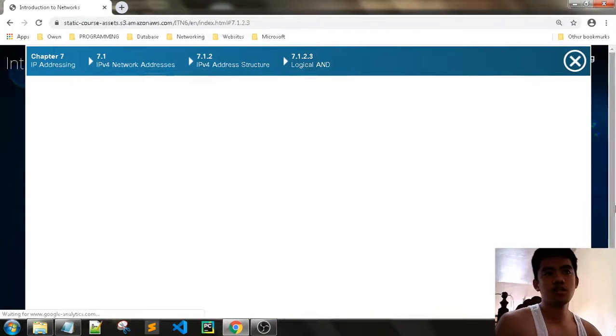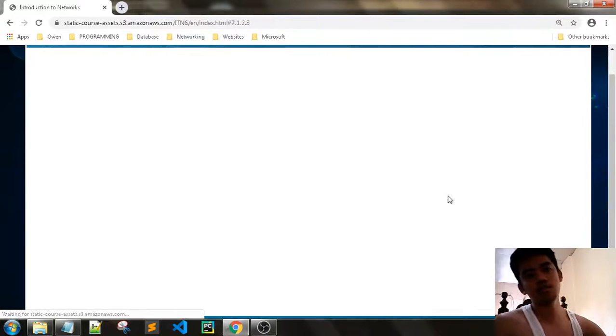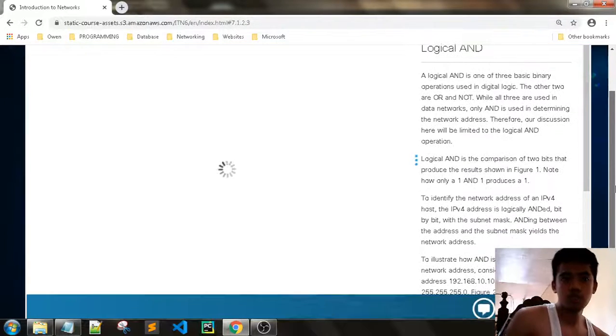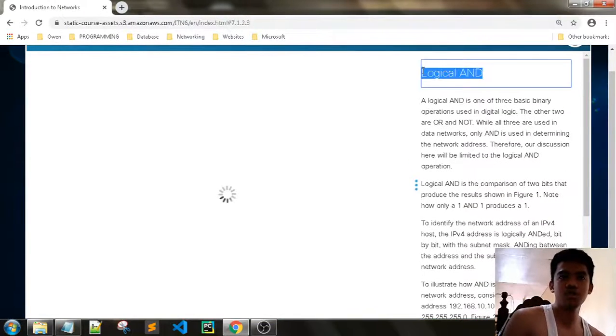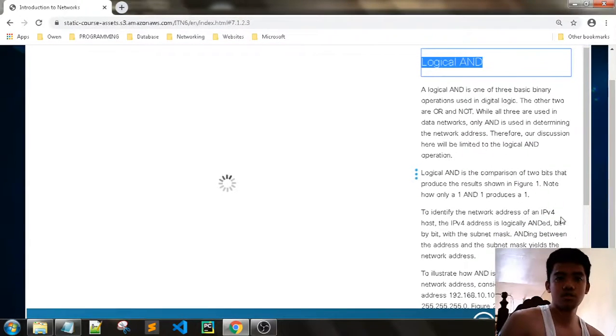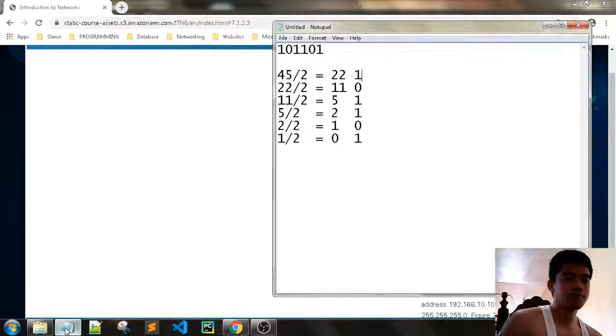Next is the logical AND, just comparing the bits. For 1 and 1, we have 1; 1 and 0 is 0; 0 and 1 is 0; 0 and 0 is 0. This is used for determining the network address or network portion.